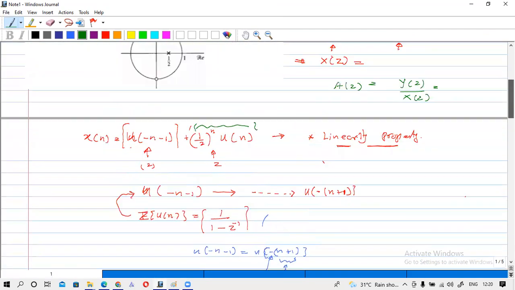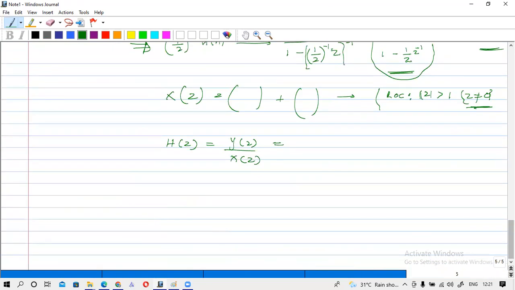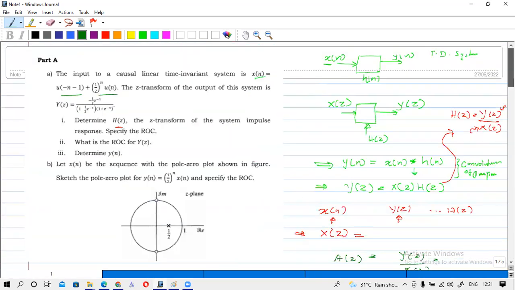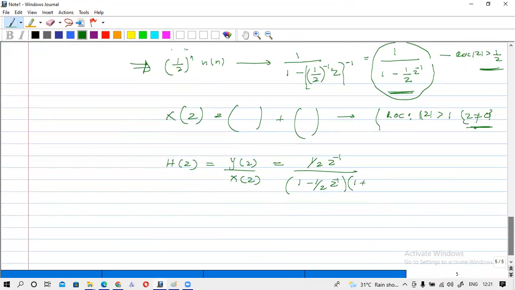YZ is half z minus 1, 1 minus half z minus 1, and this is 1 plus something, no? 1 plus z minus 1. Correct? So this will be z minus 1.